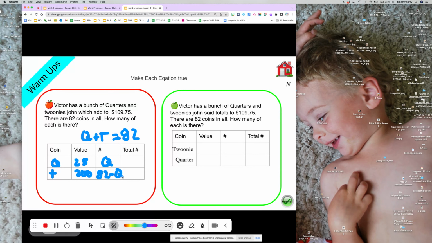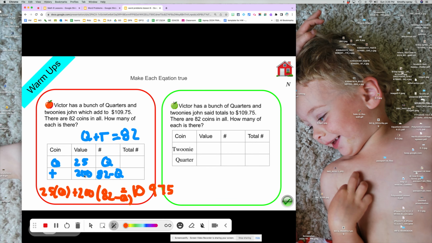Okay, and now when we try to put this all together, we know that we're going to have 25 cents times the number of quarters we have, Q, plus 200 cents multiplied by 82 minus Q. And that's going to equal 10,975 cents.